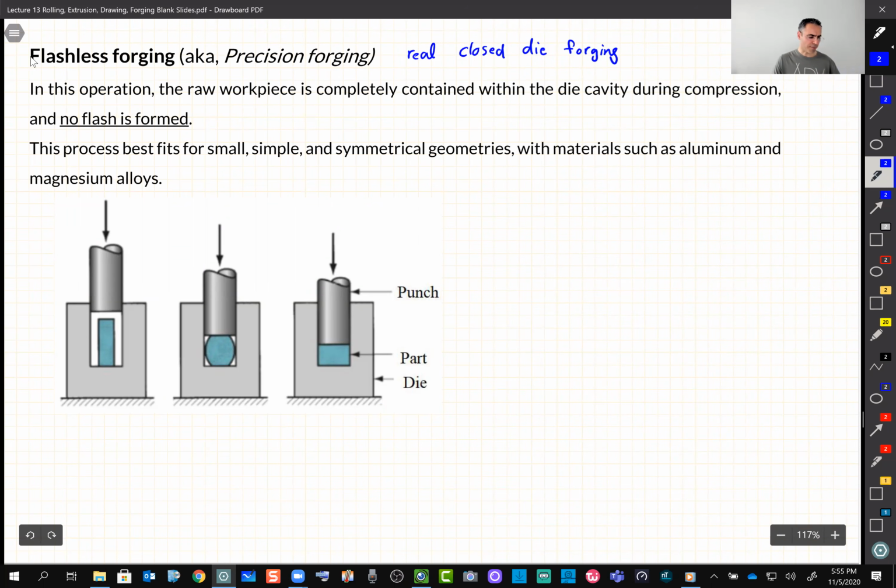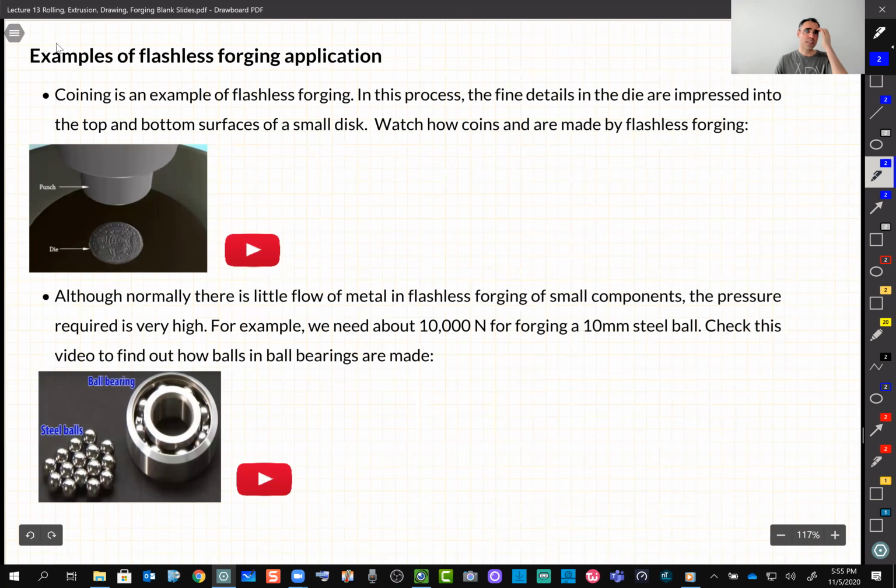A good application for this type is coin making, the very first example that we discussed, which is difficult to make by other methods. This process is called coining.